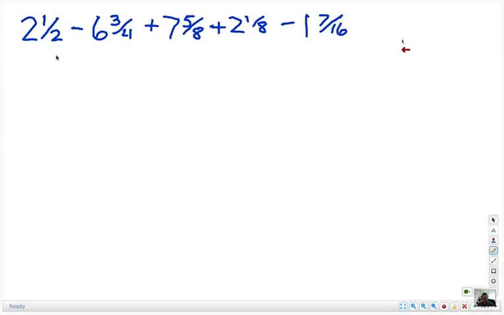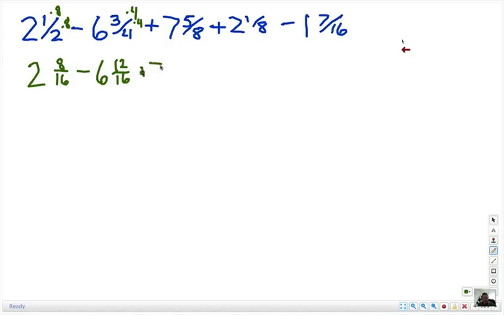If I multiply these two numbers by 8, and you should be able to do it in your head, that will change this into 2 and 8/16. Now think about it, 8 over 16, yep, that's another name for a half. This will be 6 and 4 times 4 in both cases, so that'd be 12/16.